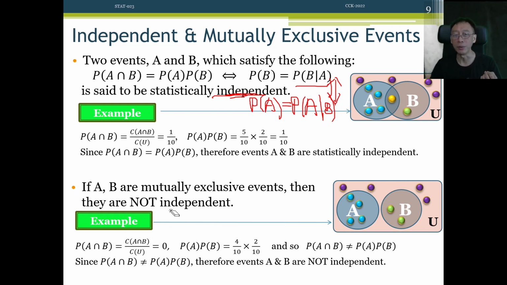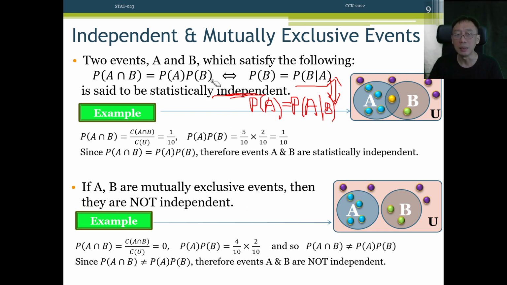One qualitative way to think about that is, well, if you tell me this ball here on top is in A, all right, what's the probability that it's in B? Well, of course, I know it won't be in B, right? So I say for sure it's 0. So they're kind of dependent, right? If you tell me it is in A, then I confirm that it is not in B, and vice versa. So that's the qualitative way for us to think about it.